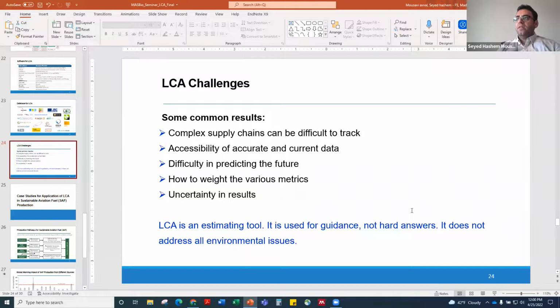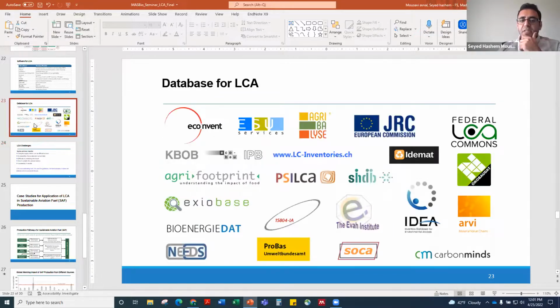They are average numbers, but they can give us an overall estimation of environmental impacts. It's not the hard answer, not an exact number when we say the global warming potential of this kind of fuel is this much. It can change by using different methods. Even as you see here, we have different databases for doing LCA, and sometimes the results from using these different databases are different.